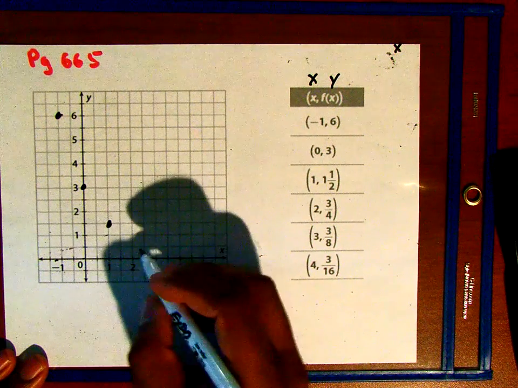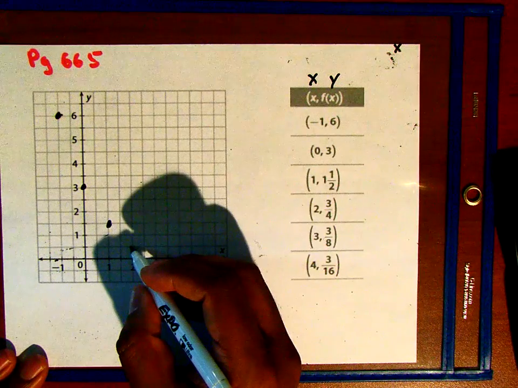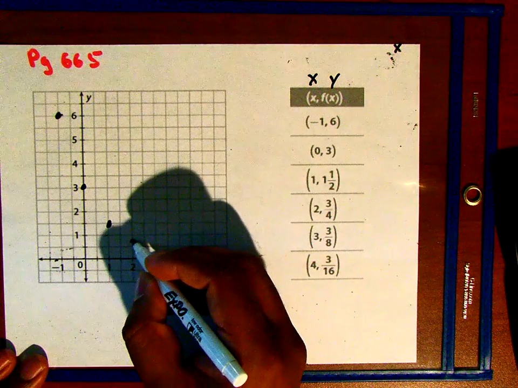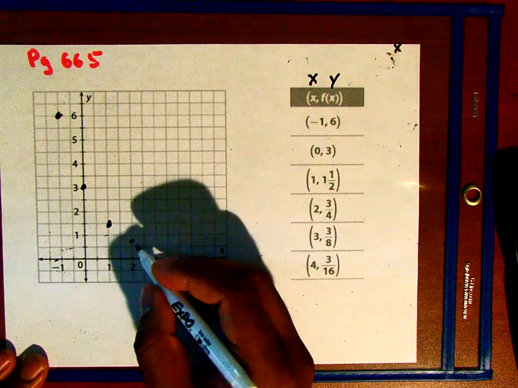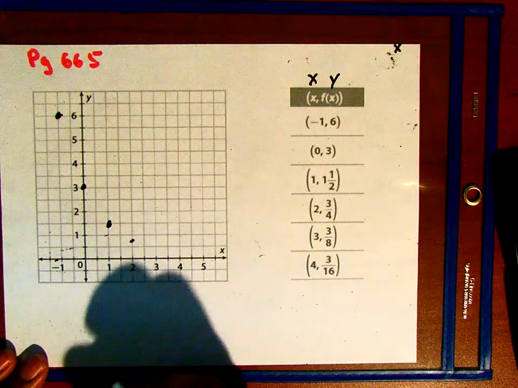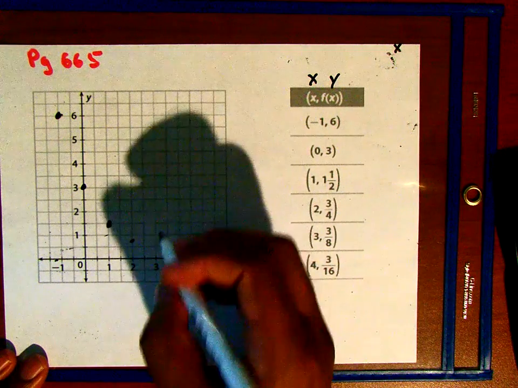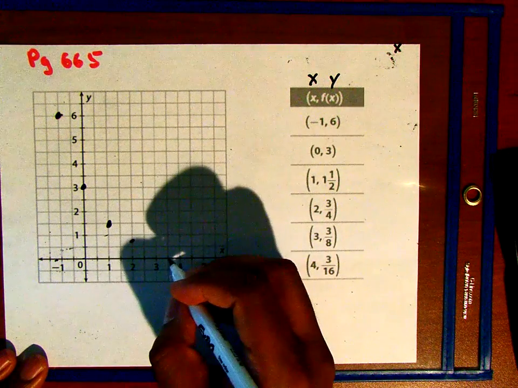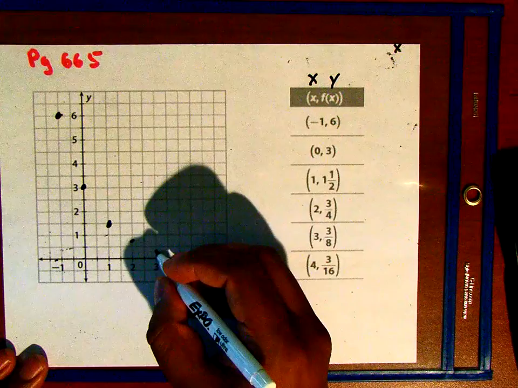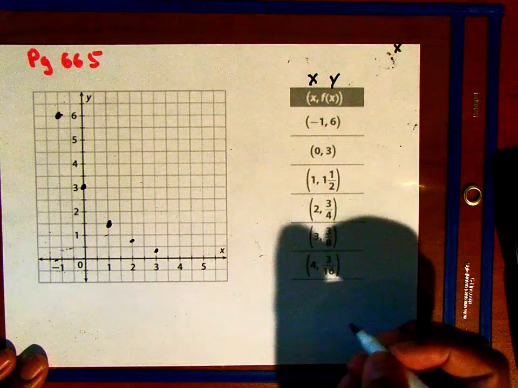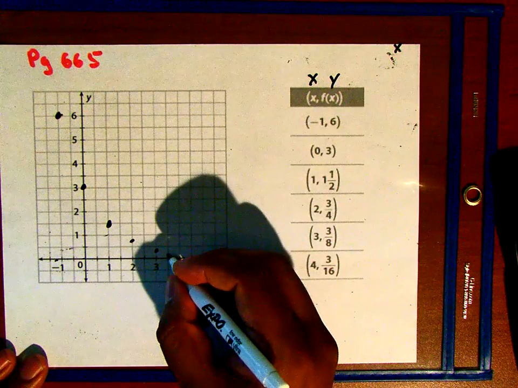So notice you got 2 squares here. So it'd be bigger than a half, be a 3/4 there. All right, 3 is 3/8, and that should be somewhere in here. 3/16 would be even smaller.